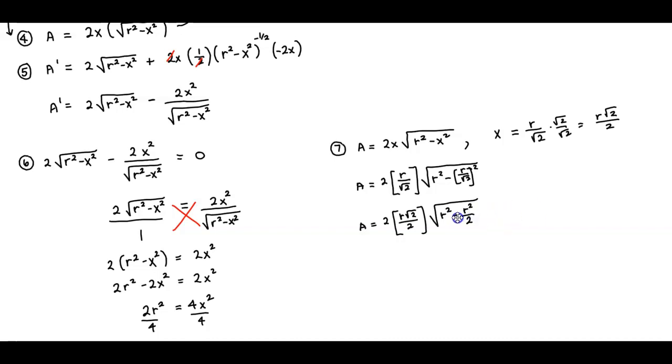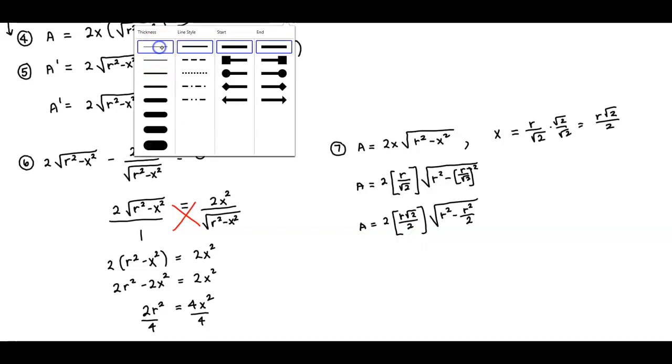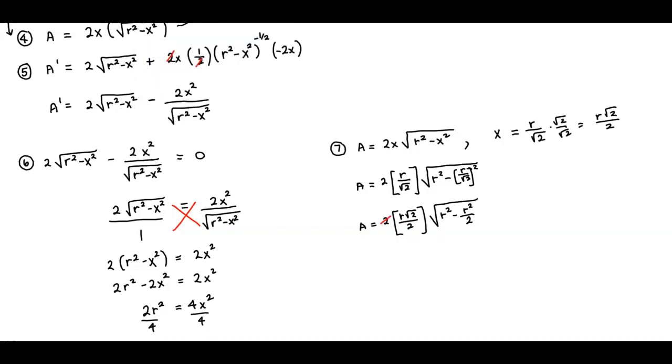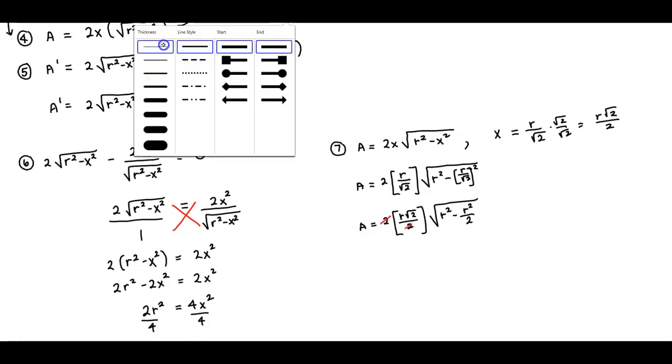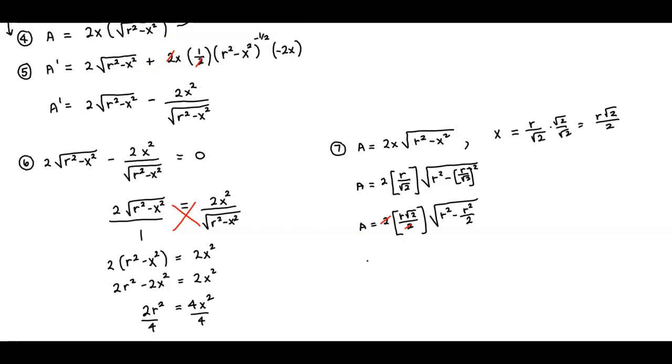So that allows us to simplify. We can simplify the 2 here, and we end up with the square root of 2 times r times the square root of r squared minus r squared over 2.